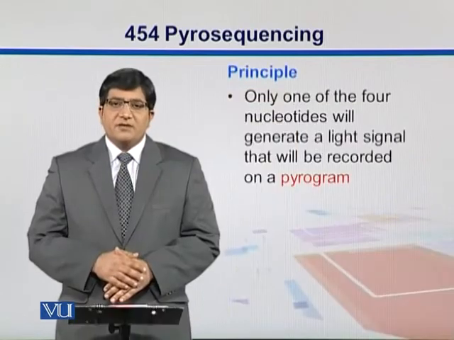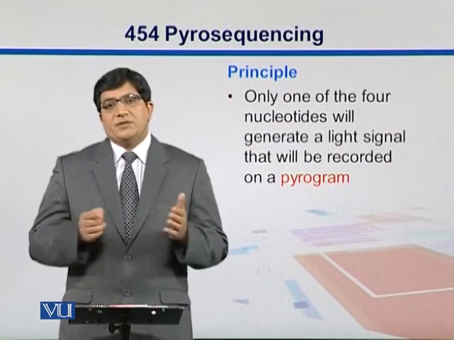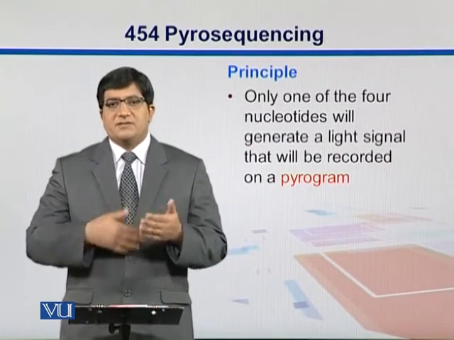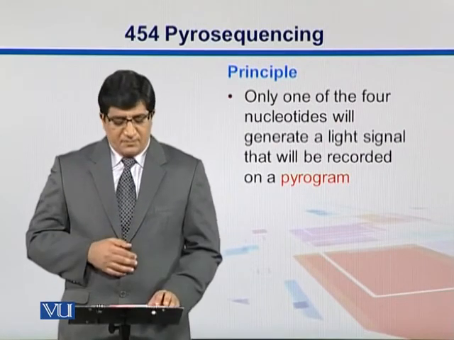So in pyrosequencing, only one of the four nucleotides gets into the growing chain of the DNA wherever it is complementary to the template, and then the light signal is recorded in the pyrogram.